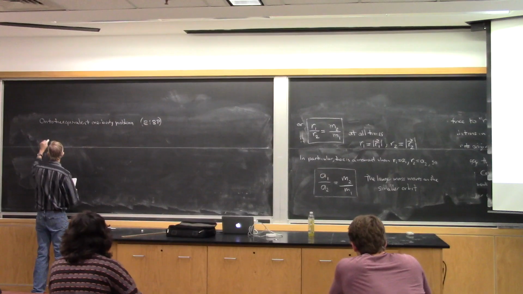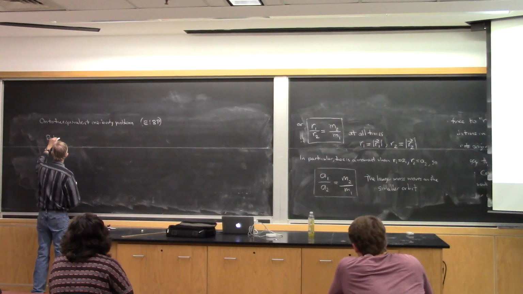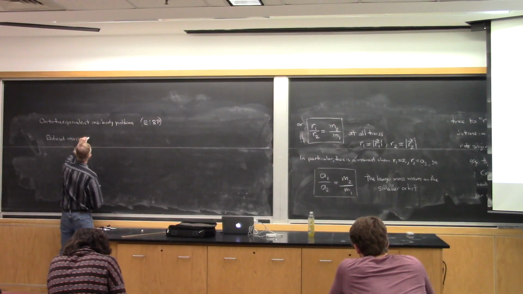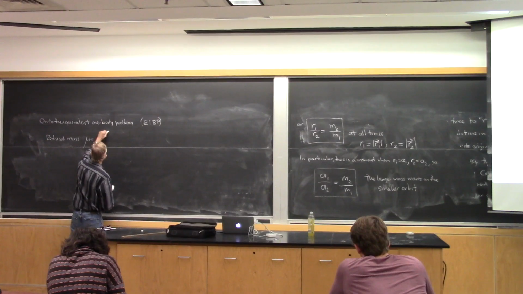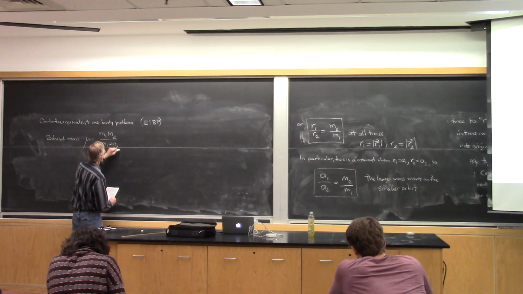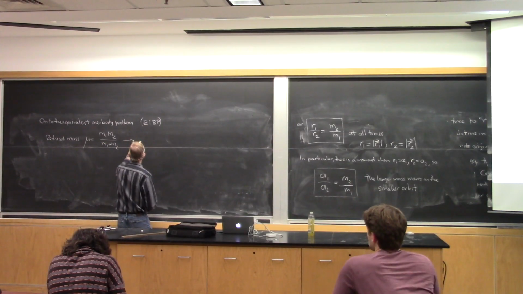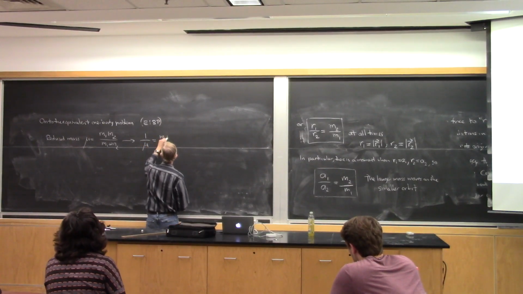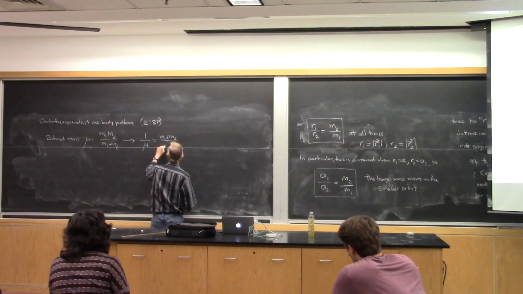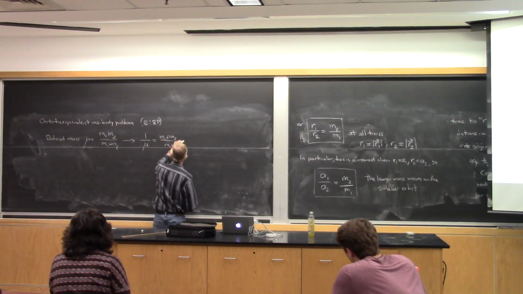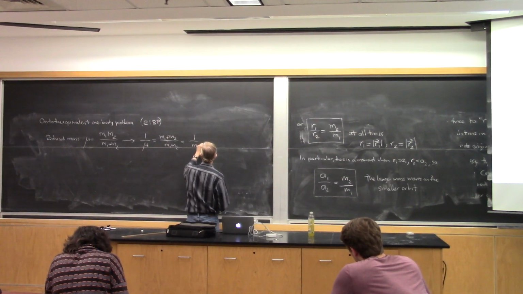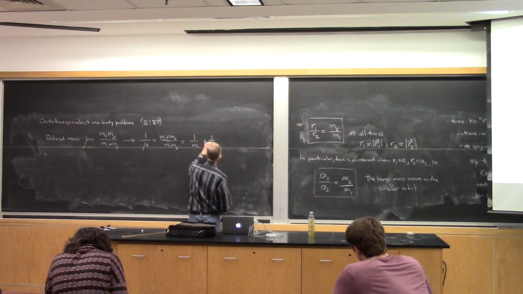So we've got the reduced mass, mu equals m1 m2 over m1 plus m2. Well, note that this says 1 over mu is m1 plus m2 over m1 m2, which is 1 over m1 plus 1 over m2, right?